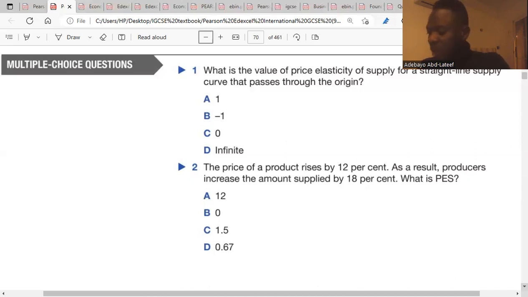That is 18 over 100 multiplied by 100 over 12. So 100 cancels 100, and we have 18 divided by 12, which equals 1.5. So the answer is C. Is it clear? Any question about price elasticity of supply?